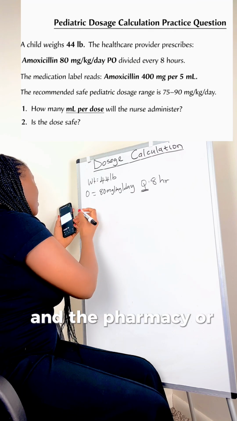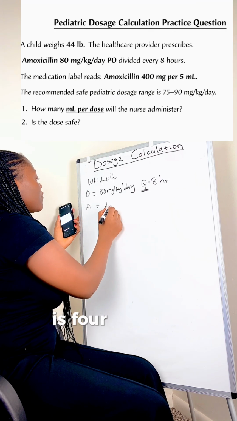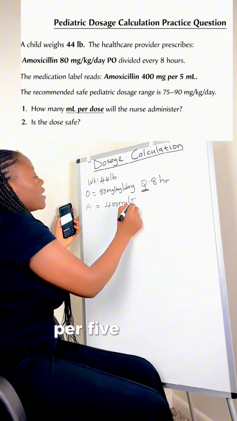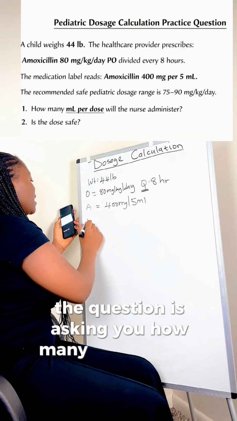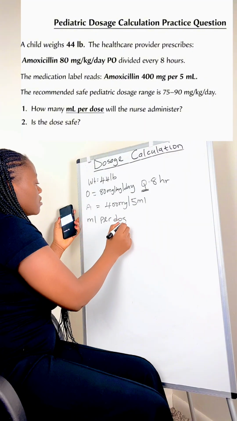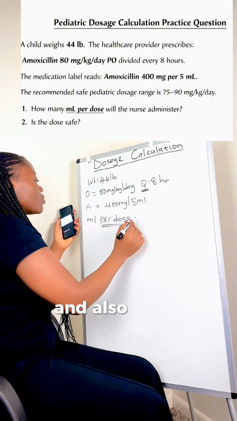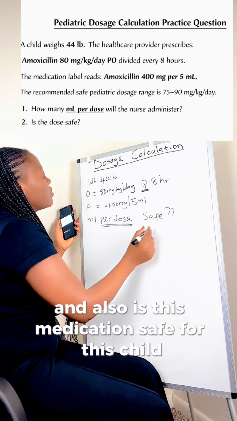And the medication label, that's what you have available, is 400 milligrams per 5 mL. Now the question is asking you how many mLs per dose. Pay attention to per dose will you give, and also is this medication safe for this child?